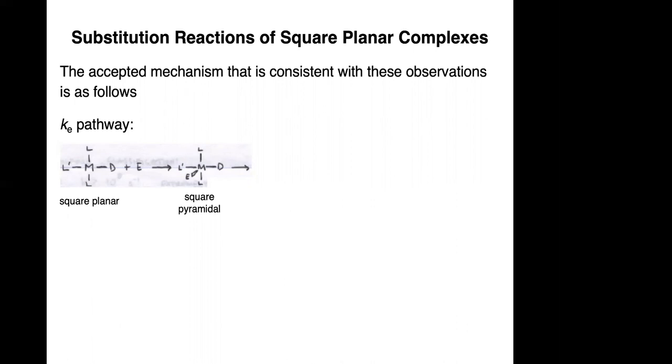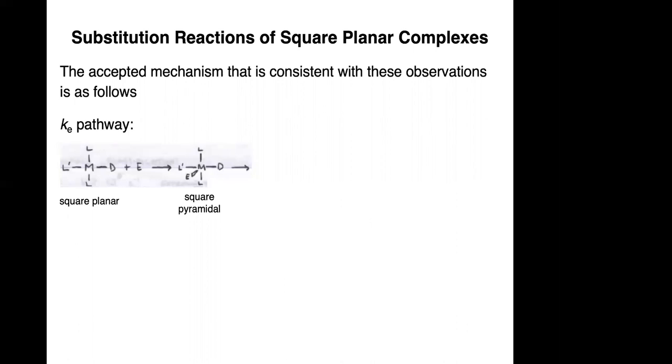And so this is one reason that it's easy to do an associative reaction with square planar complexes. You have ready access of those axial ligand sites. And when that entering ligand binds, it's going to form then a square pyramidal species.